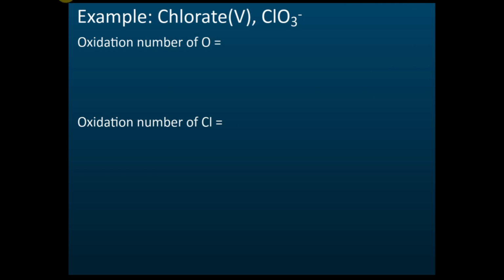For example, chlorate, ClO3 negative. What's the oxidation state of the oxygens in this chlorate? Negative 2. Now, negative 1 is the sum of the oxidation state.